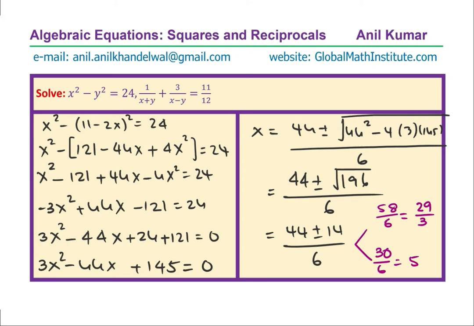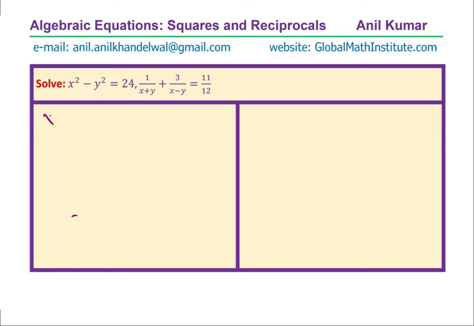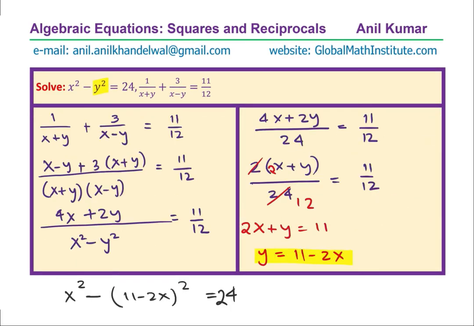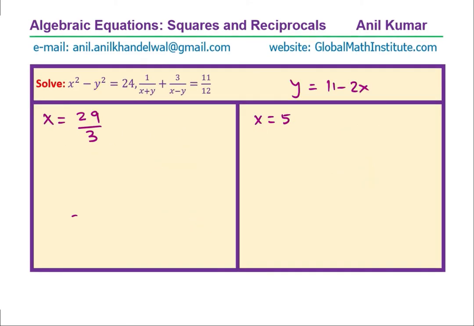We can find the respective values for y now. So we have one value of x as 29/3, the other value of x as 5, and we know y is equal to 11 minus 2x, as we had shown in this particular case. Perfect. So let's simplify and get the value of y.